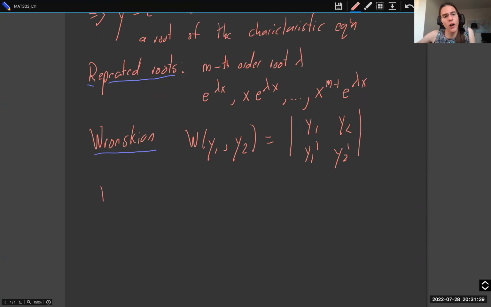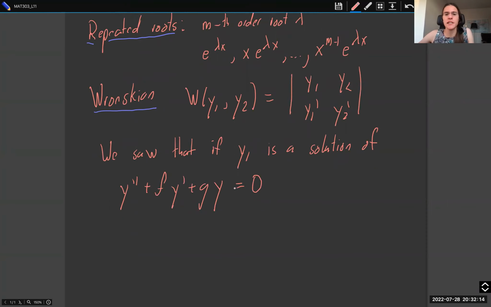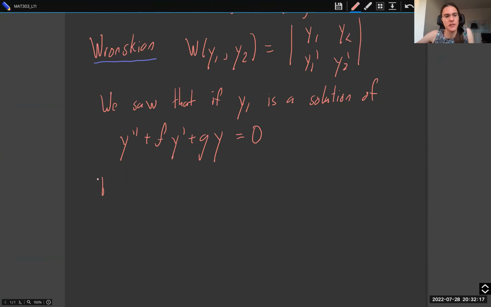And we saw that if we have a linear equation that's homogeneous, but not necessarily constant coefficients, for second order equations, then we can use the Wronskian to find a complementary solution.